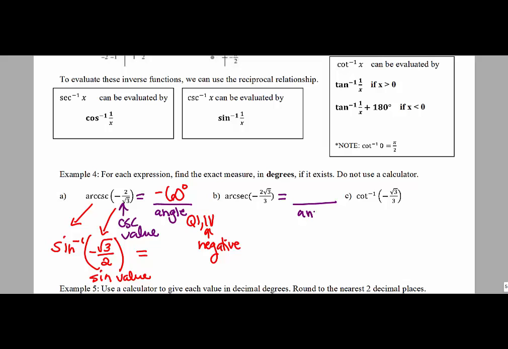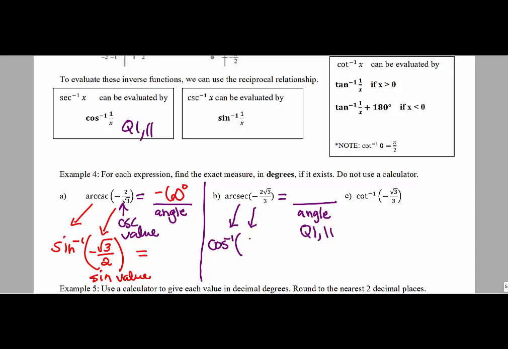The angle that we're looking for has to come from the same two quadrants that cosine comes from, which would be quadrants 1 and 2.